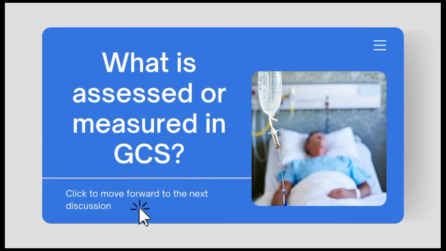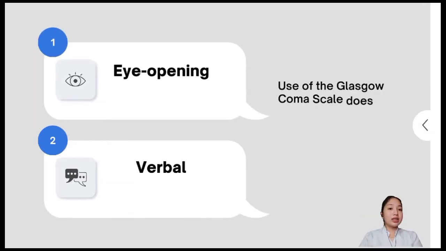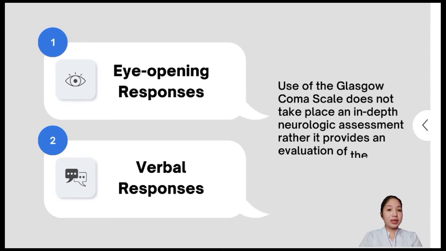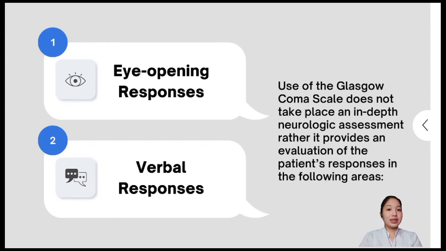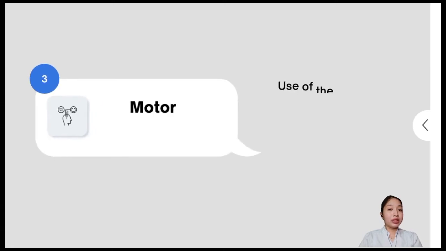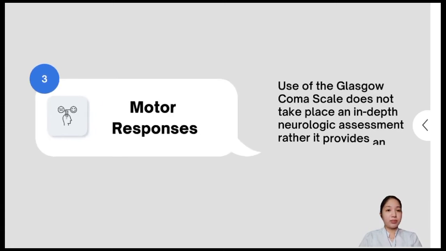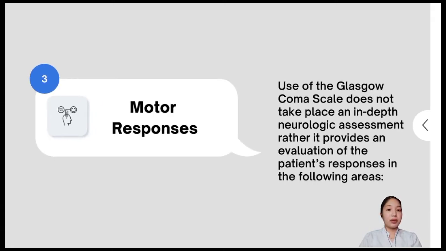What is assessed or measured in GCS? The use of the Glasgow Coma Scale does not take the place of an in-depth neurologic assessment, but rather it provides an evaluation of the patient's responses in the following areas: eye-opening responses, verbal responses, and motor responses.